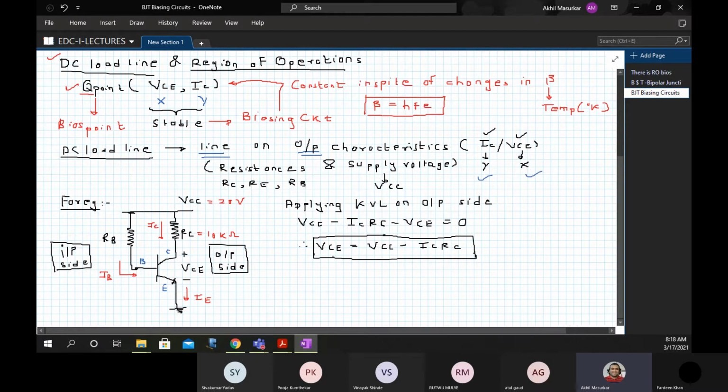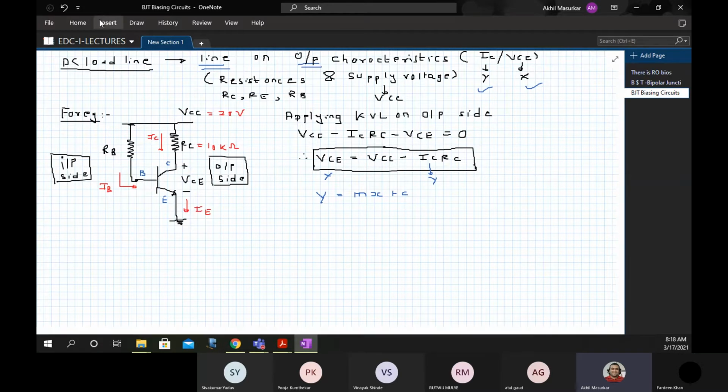You can identify here that VCE is basically X and IC is Y, and VCC and RC are constants. We can always write an equation of a line like this, Y is equal to mx plus c. So let me try to do that.